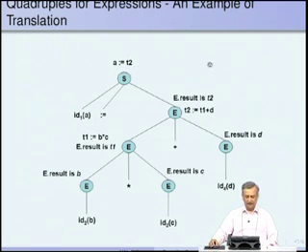So, the intermediate code that we generate would be T1 = B * C, then T2 = T1 + D, and finally, A = T2. So, these are the 3 intermediate code statements that would be generated in a bottom up fashion.